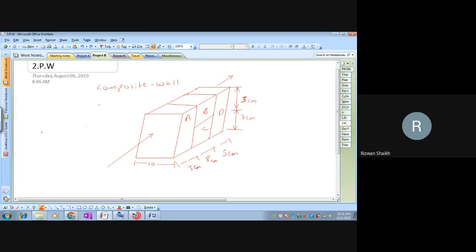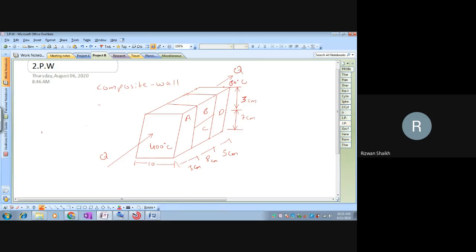Now they are asking to calculate the rate of heat flow, Q, through this composite wall, which is the same throughout. They have given the temperature of the inner wall as 400 degrees Celsius, and the temperature at the outer surface as 60 degrees Celsius.